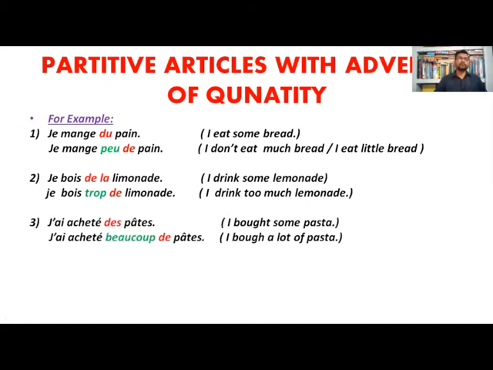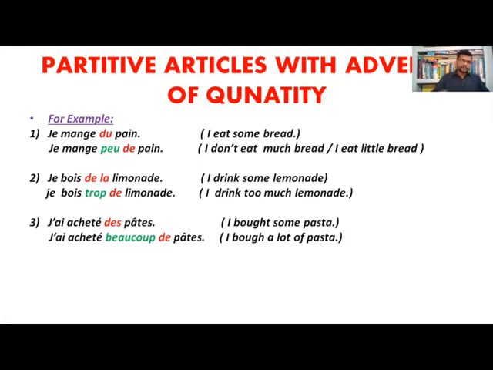Similarly, the next example we have here: j'ai acheté des pâtes. I bought some pasta. And the next sentence, j'ai acheté beaucoup de pâtes. Beaucoup is used for a lot of. I bought a lot of pasta.